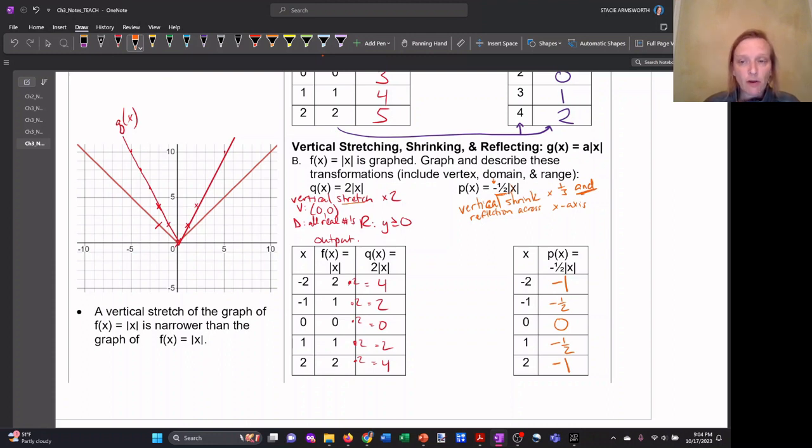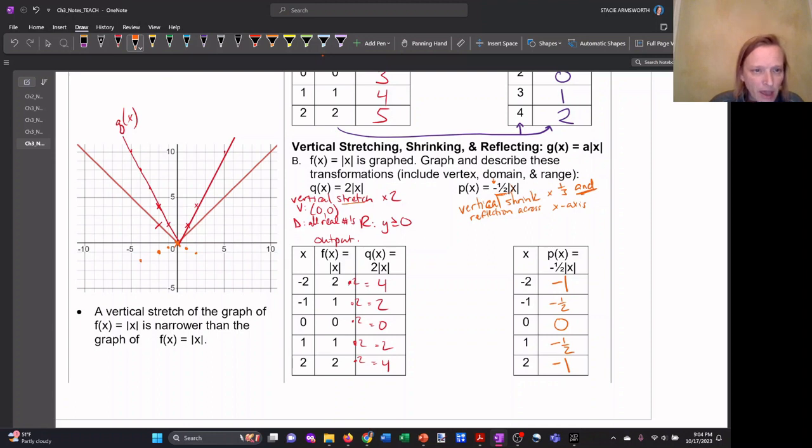So this graph, if I plot those 5 points, I have a point at -2, -1, -1, -1/2, 0, 0, 1, -1/2, and 2, -1.